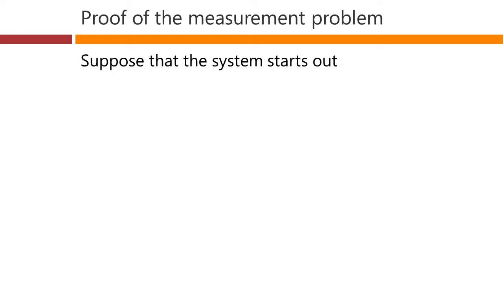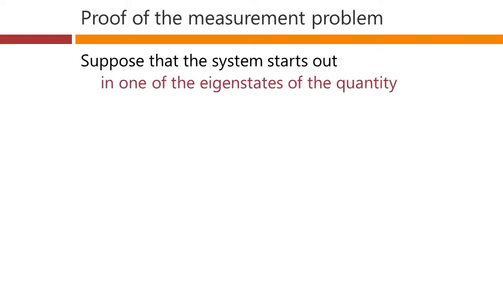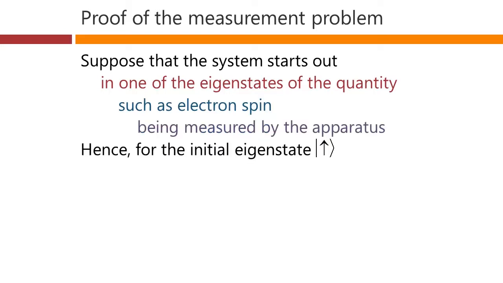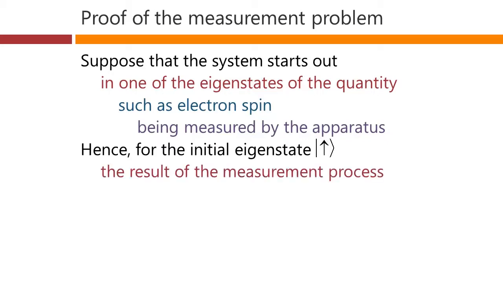Suppose that the system starts out in one of the eigenstates of the quantity, such as electron spin, that's being measured by the apparatus. Hence, for the initial eigenstate being spin up, for example, the result of the measurement process will be the state spin up.